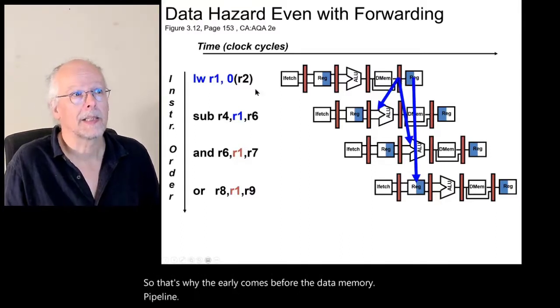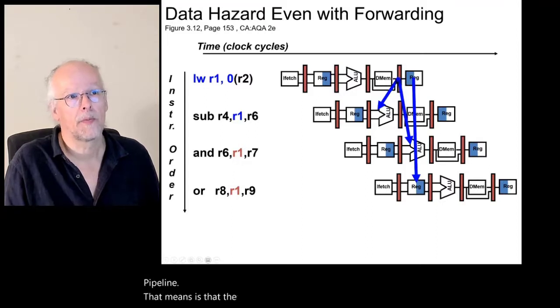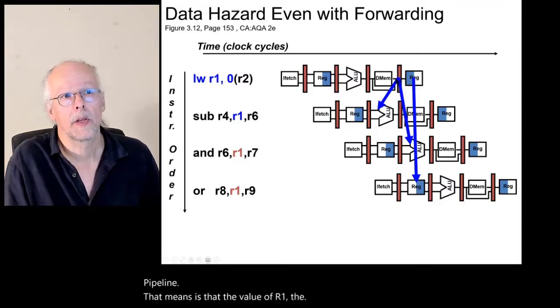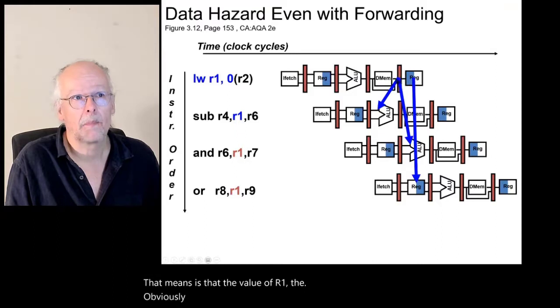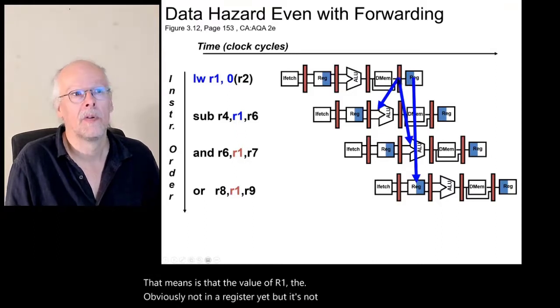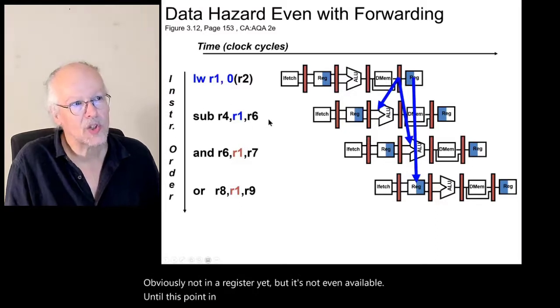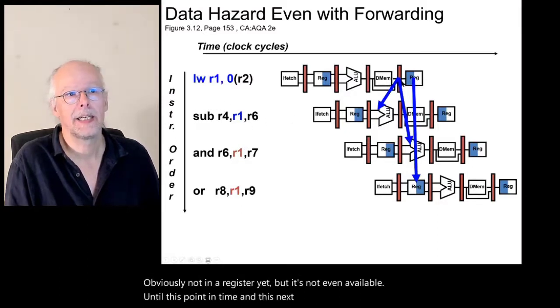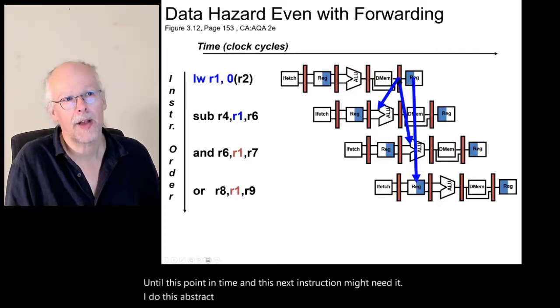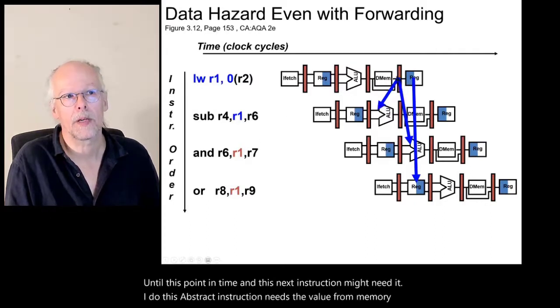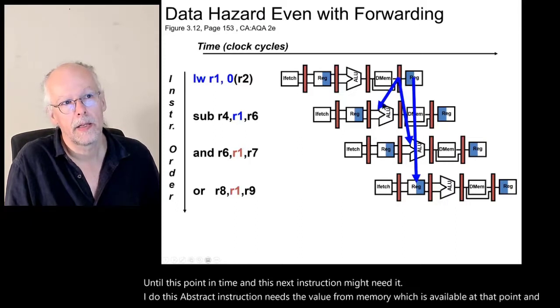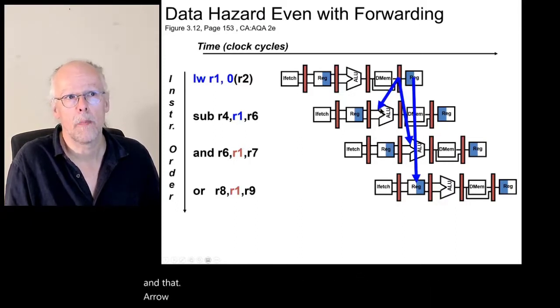What that means is that the value of R1 is obviously not in a register yet, but it's not even available until this point in time. And this next instruction might need it. Right? This subtract instruction needs the value from memory which is available at that point. And that arrow there is backwards in time.